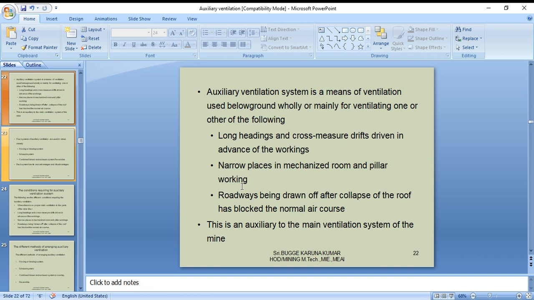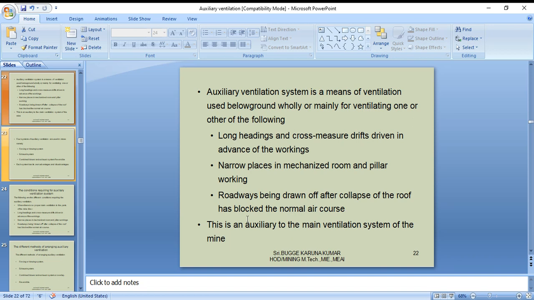This is auxiliary to the main ventilation system of the mine. So this is the basic concept of its purpose. In such conditions, a normal air course is not possible.